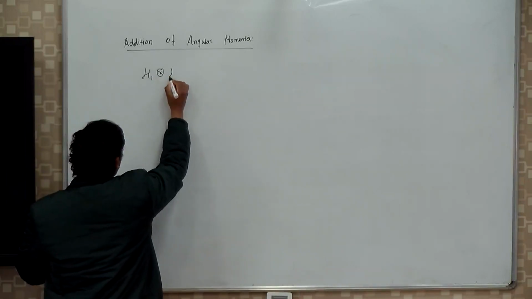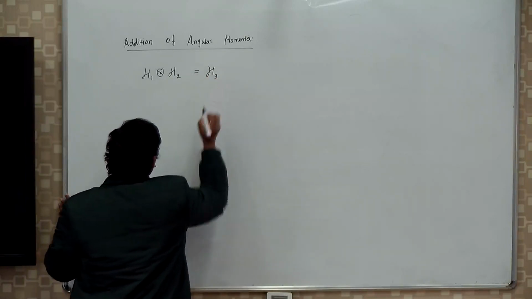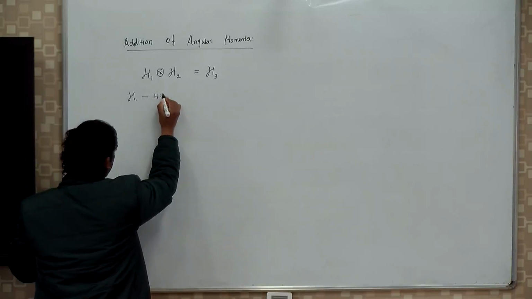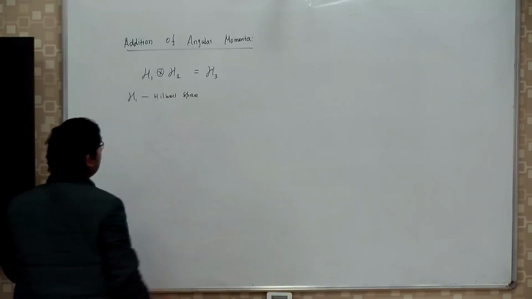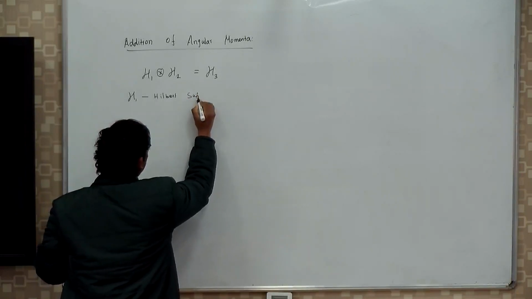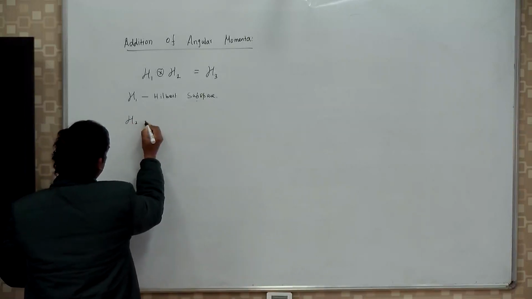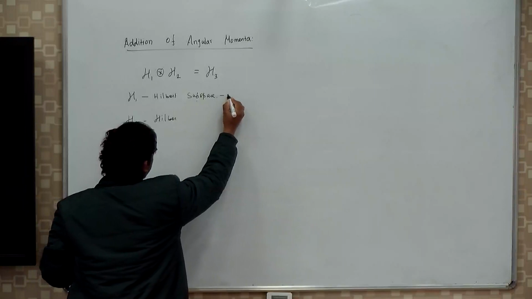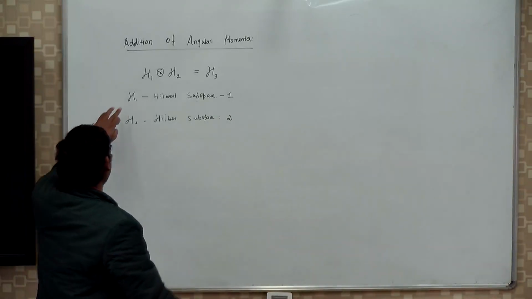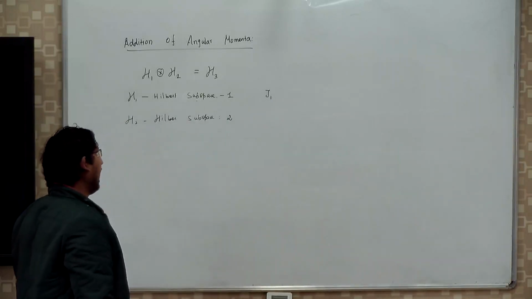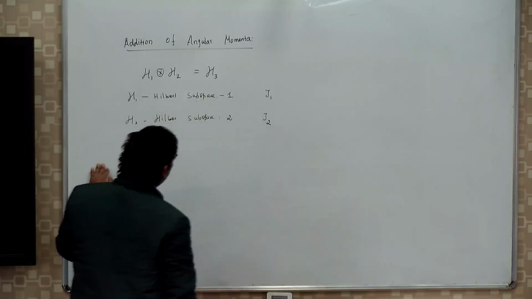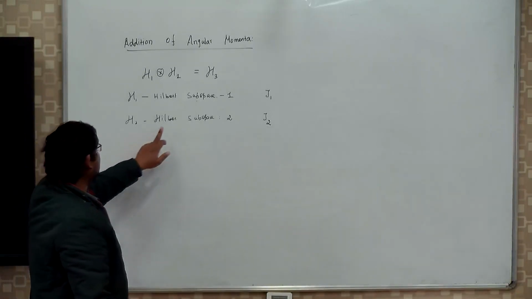H1 composed with H2 gives H3. Here H1 is Hilbert subspace 1 and H2 is Hilbert subspace 2, and capital J1 is the total angular momentum of Hilbert subspace 1, and J2 is the total angular momentum of Hilbert subspace 2.